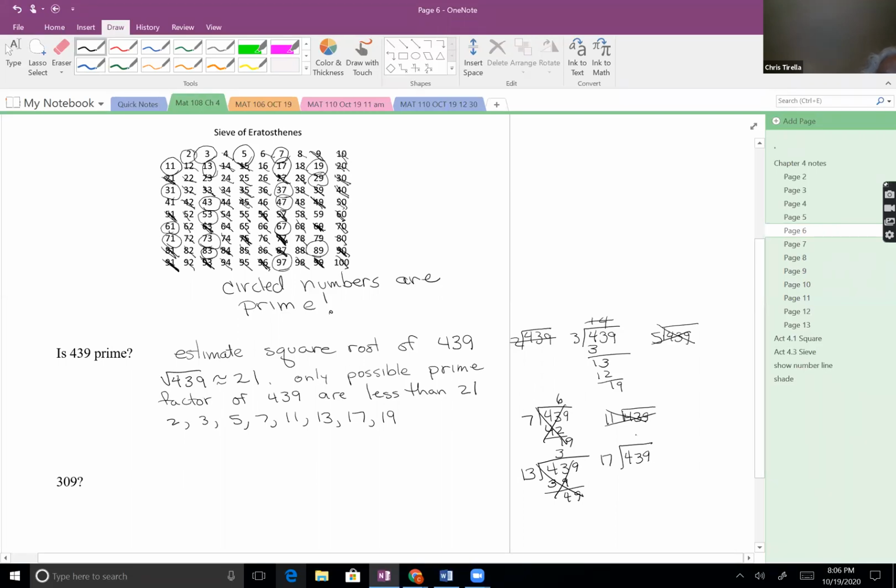Let's see, 17 times 2 is 34, which gives me 99. And 17 won't go into 99 evenly. And likewise, when I try to divide it by 19, it doesn't. And so since none of these are factors, 439 is prime.